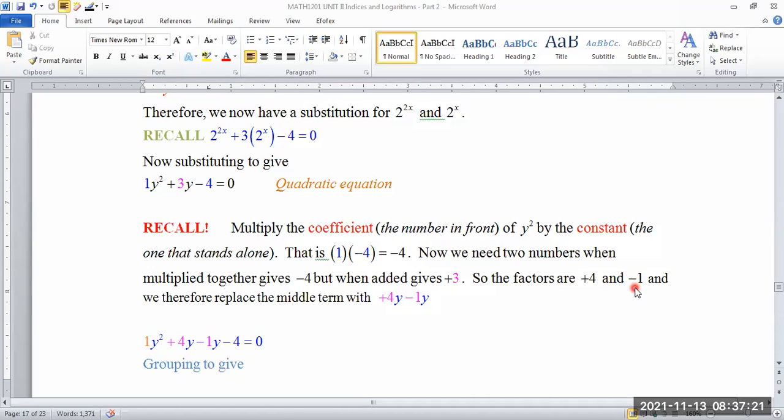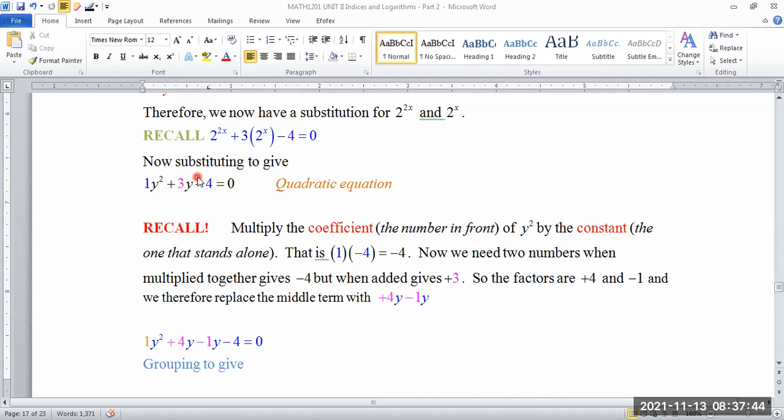I just want to see if you guys are thinking. It's not difficult. Sir, because the -4, the +4 and the -1 would add up to the 3, and the 3 has a y. Very good. Thank you very much. So remember, you have to attach the y to the numbers.